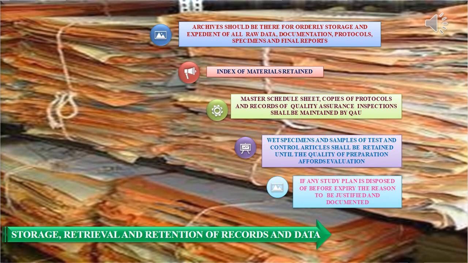Storage, retrieval and retention of records and data comprises archives, which should be there for orderly storage and expedient retrieval of all raw data, documentation, protocols, specimens and final reports.